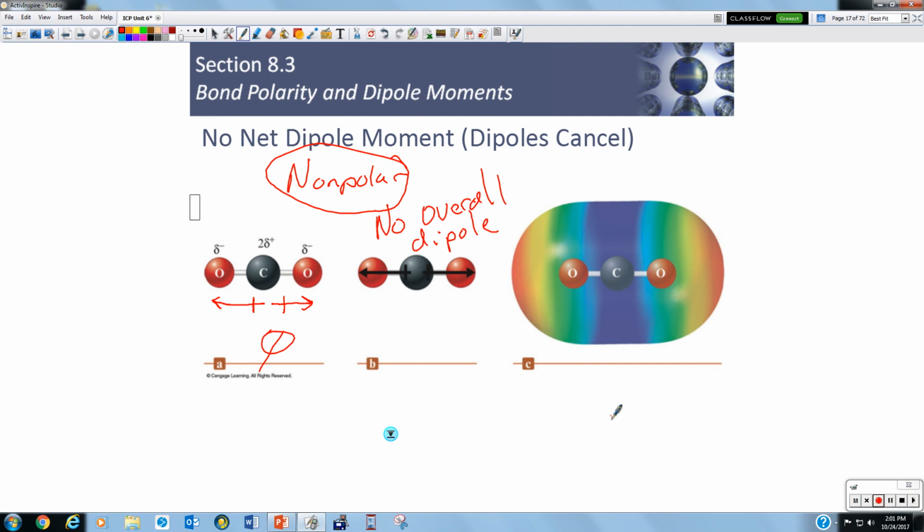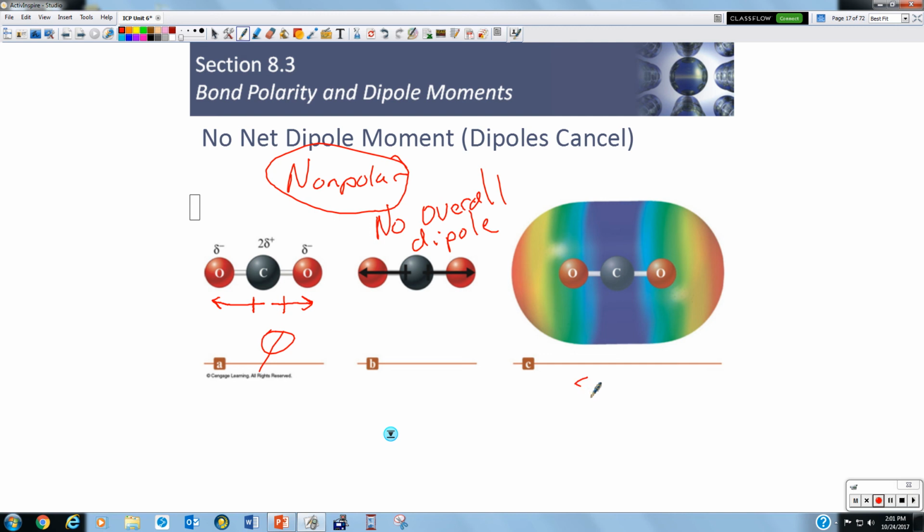Now, when we look at this electron distribution as opposed to the one for water, what do you notice about the distribution of electrons on this one versus the other one? Okay, that's the word I was looking for, what Ryan said.